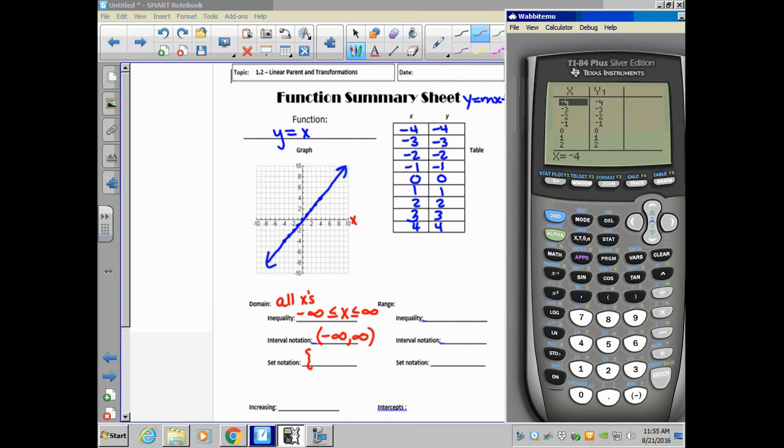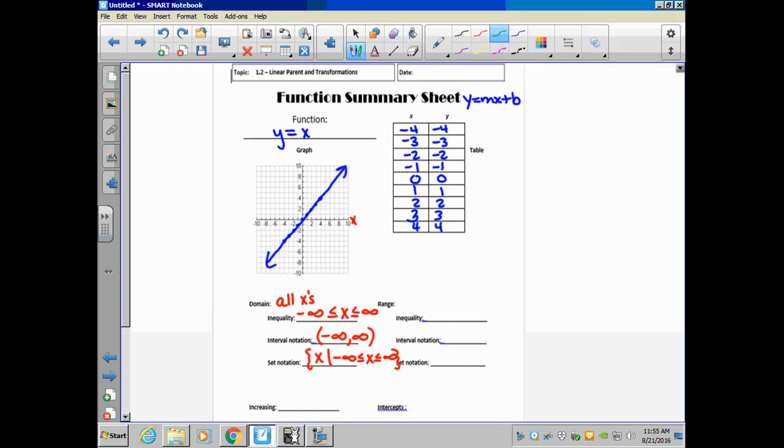So you're going to do a brace, and then you're going to say all x's such that, and then you're going to rewrite the inequality notation. So all x's such that x is in between -infinity to +infinity. And then you close it off with some braces.